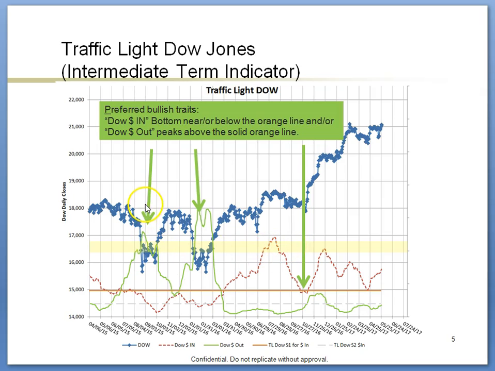The first two are when the Dow money in line bottoms below the orange line and the Dow money out line, the green line, peaks above the solid orange line. The third arrow happens only when the Dow money in line, the dashed red line, bottoms below the orange line.